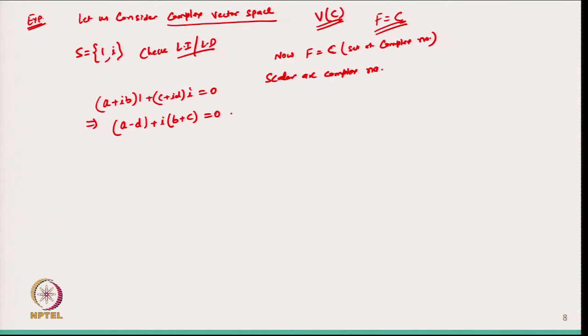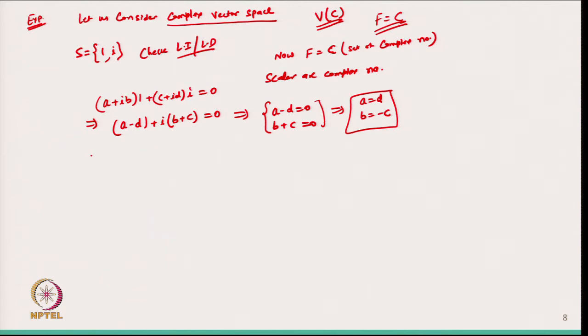So, comparing the real and imaginary parts, we get a minus d equal to 0 and b plus c equal to 0. Then from here a is equal to d and b is equal to minus c. So, I got this from here.